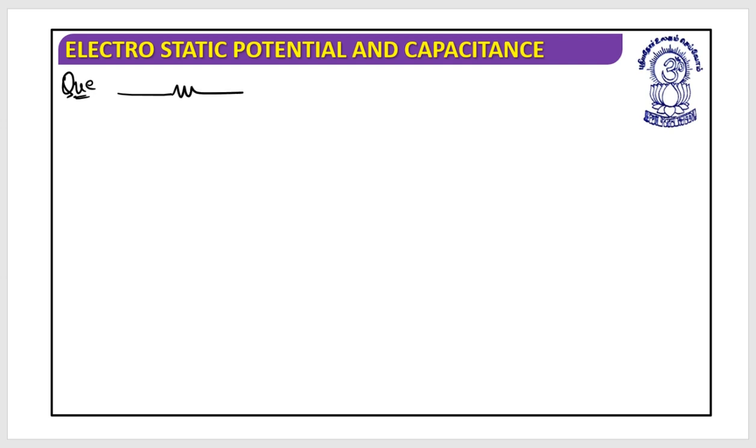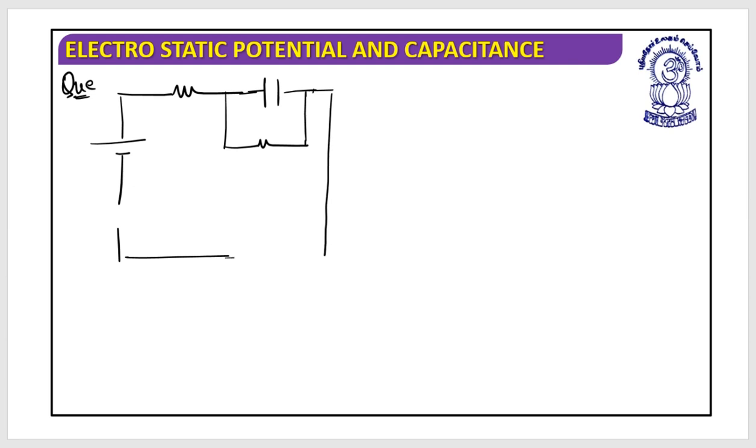The situation is something like this. Battery. Here the switch will be there, and one more resistance will be here. Here the switch, it's a 10-volt battery. This is a resistance of 5 ohm.